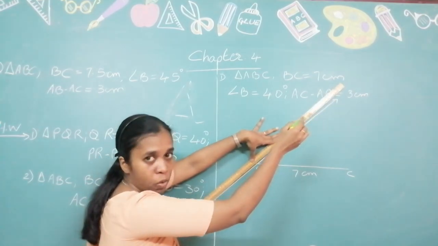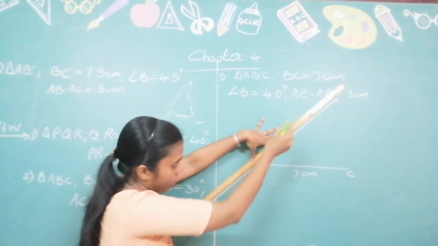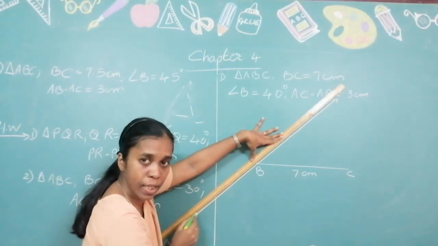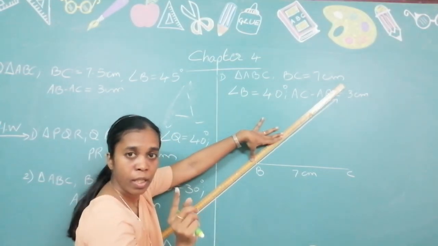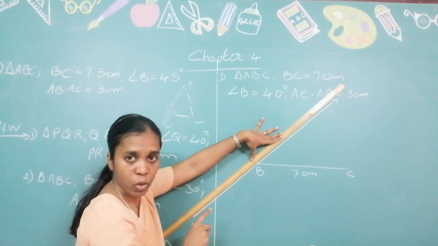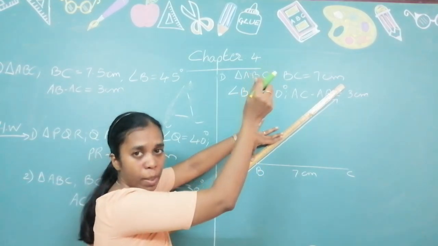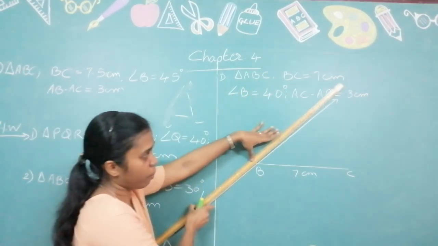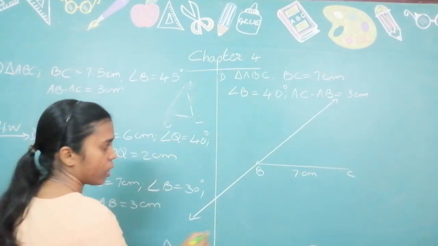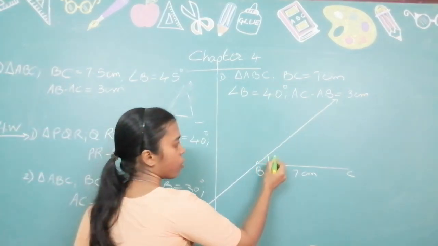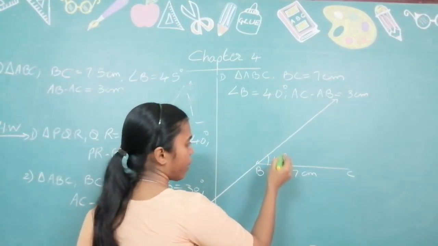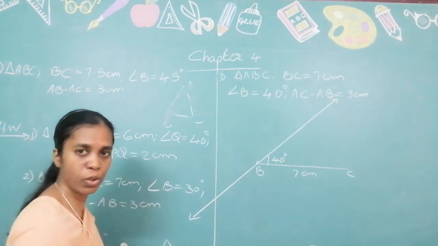Not only above, the ray has to be extended. That straight line has to be extended below. This is the difference in those two constructions. Okay, all this way we were taking the ray only above. Now we have to extend it below also. This is the ray. This was your 40 degree and we have extended it below also.